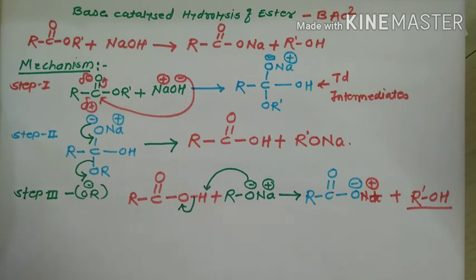And in step third, the alkoxide ion, that is RO minus, is highly basic in nature. Therefore, the base always accepts the highly acidic proton of the carboxylic acid, and the H plus is abstracted by the base to form salt molecules. Okay, these are the three steps of base catalyzed hydrolysis, the saponification reaction.